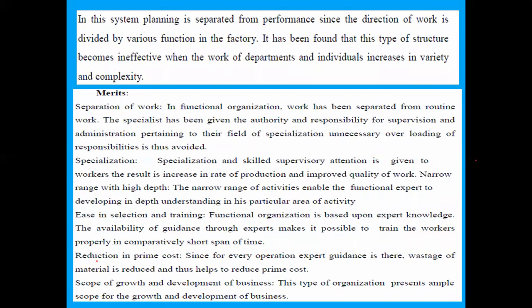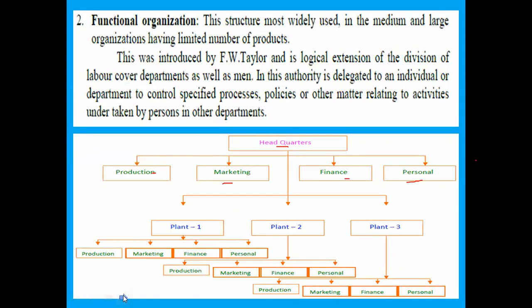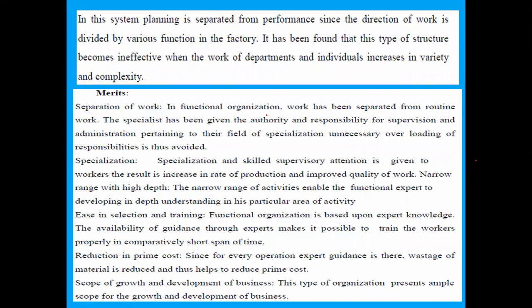So here the planning is separated from the performance because the work is divided into various functions in the factory. Therefore, this type of structure becomes ineffective when the work of the departments and individuals increases in variety and complexity.